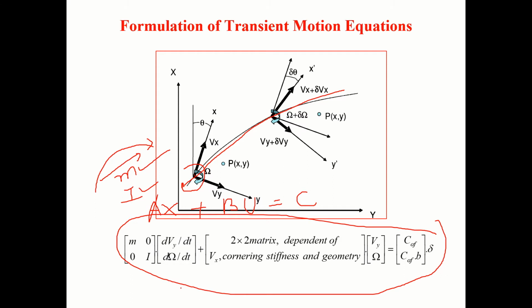We'll get this. This is A, this is X, this is matrix B and matrix input. Okay, right, C. So we are going to get, you see here, these are acceleration terms. This is the linear acceleration. You can say double dot kind of a thing. This is angular acceleration.